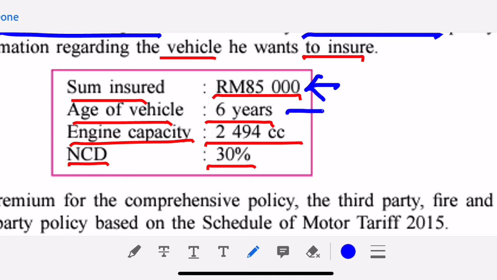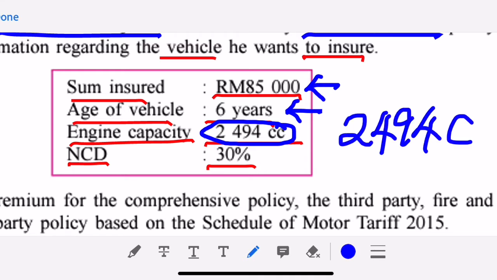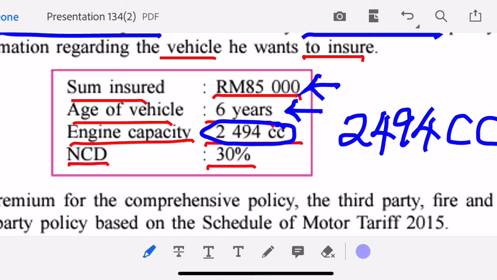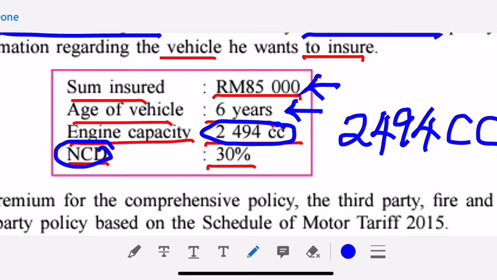And the age of the vehicle is also one of the conditions to be considered. And the engine capacity, this is very important. The engine capacity is 2494 cc. The engine capacity will also have a different rate. Okay, then one more, which is NCD.